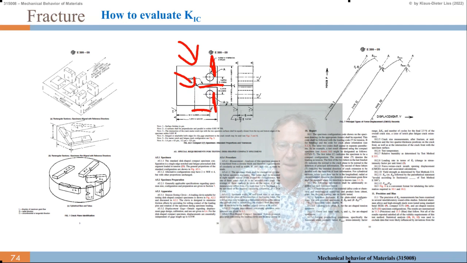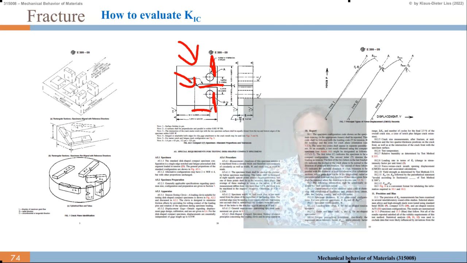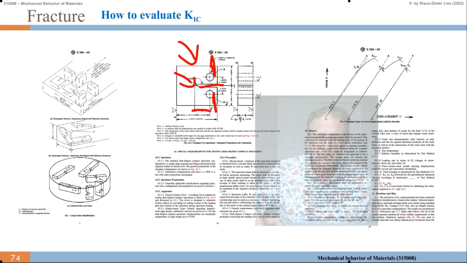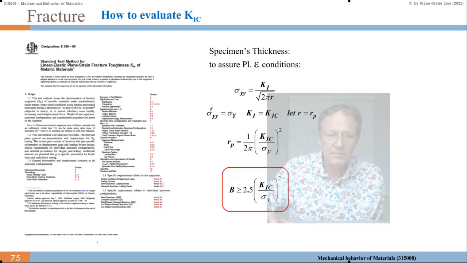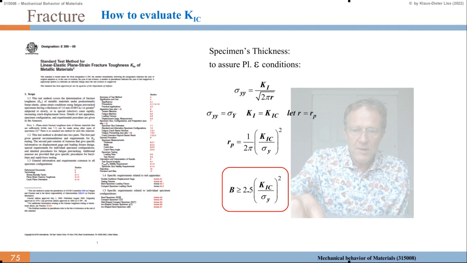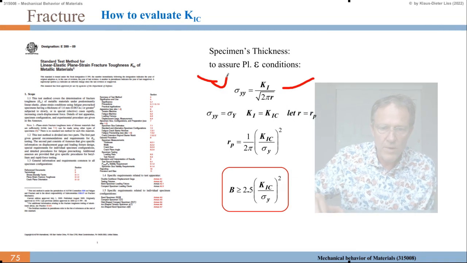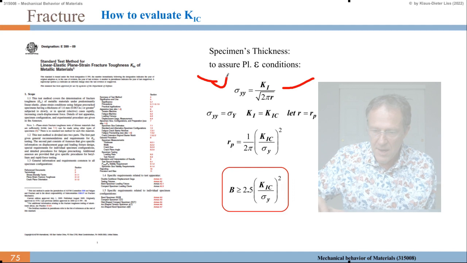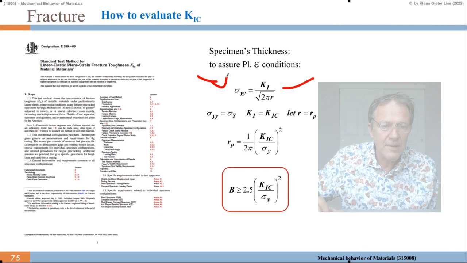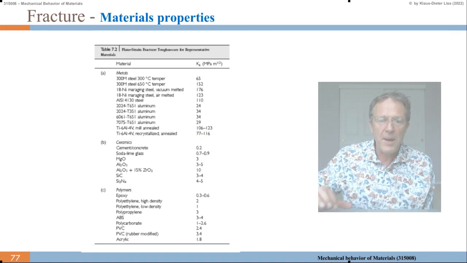This is the lever arm A. And you do the various experiments according to those descriptions. You have done that in the lab. You apply different loads, sigma yy, and eventually you can work out the R curve. These are the standard test methods for linear elastic plane strain fracture toughness in metallic materials. So there are a few pages.